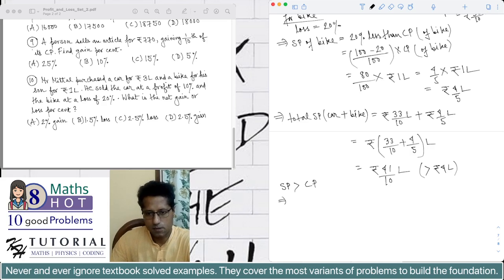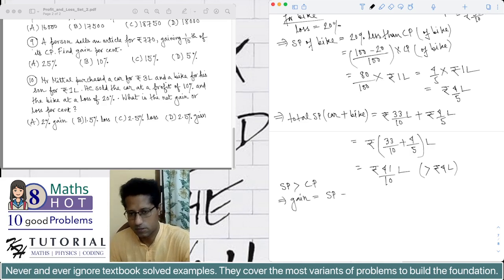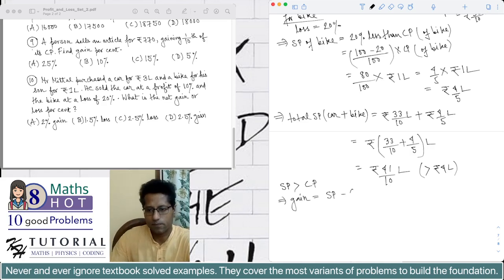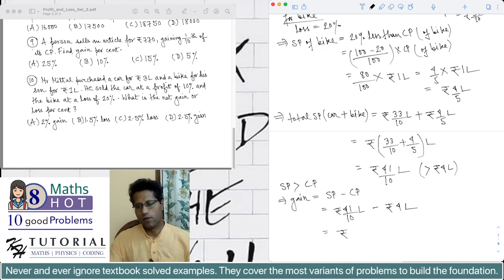This implies gain is equal to selling price minus cost price for both the items. Selling price is rupees 41 by 10 lakh, and the cost price was rupees 4 lakh. This is equal to rupees 1 by 10 lakh, which is the gain.